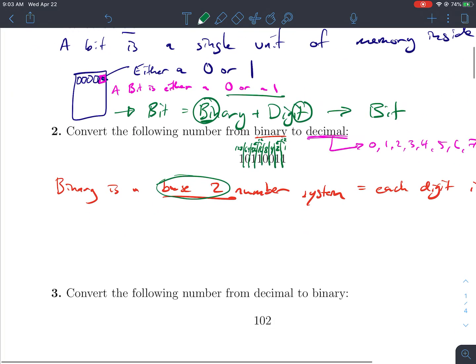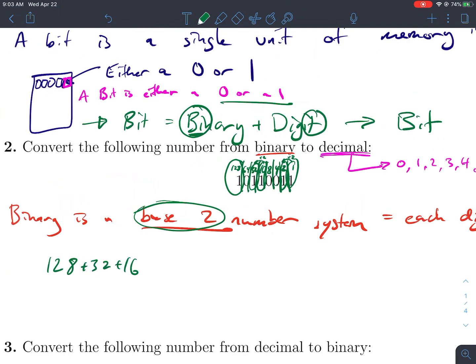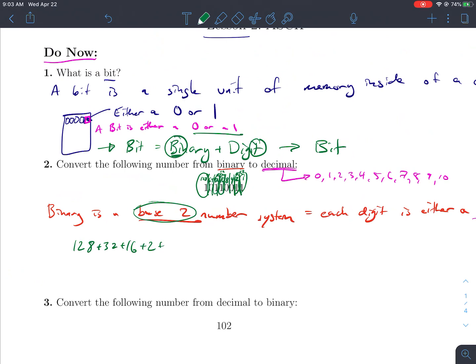So now looking at what we have one of these. So we have 128. We have no 64's. We have one 32. We have one 16 because there's a 1 there. We have 0 8's, 0 4's, 1 2, and 1 1. So maybe using a calculator to put these numbers all together. I don't have a calculator conveniently located.